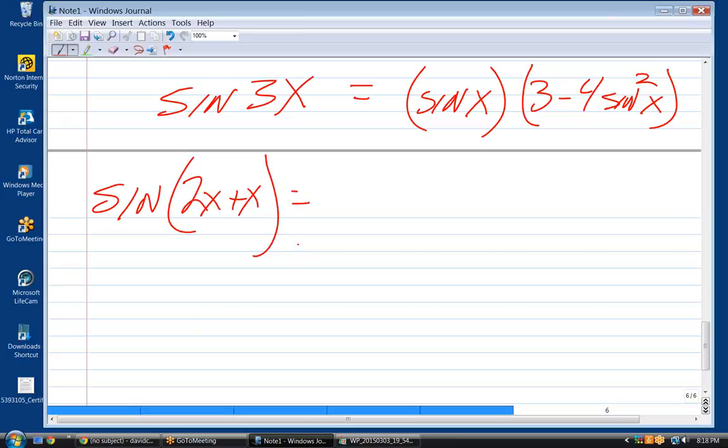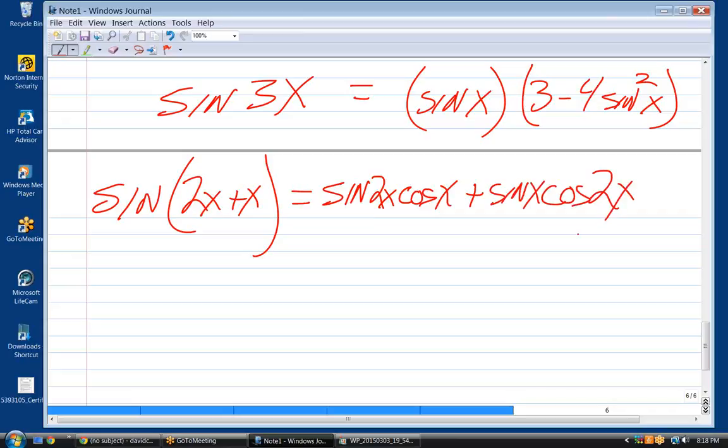And now, if I use my sum and difference formula, that becomes the sine of 2x cosine x plus the sine of x cosine 2x. Okay? Now, so far, sine of 3x is equal to all of this over here.